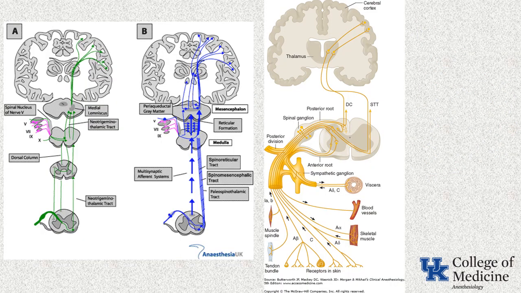This is starting to put everything together. So if we think again, we start in the periphery with nociceptors in the skin. So there's a stimulus. Through a process of transduction, the signal travels via C fibers and A delta fibers to the spinal cord, with cell bodies being housed in the dorsal root ganglia.